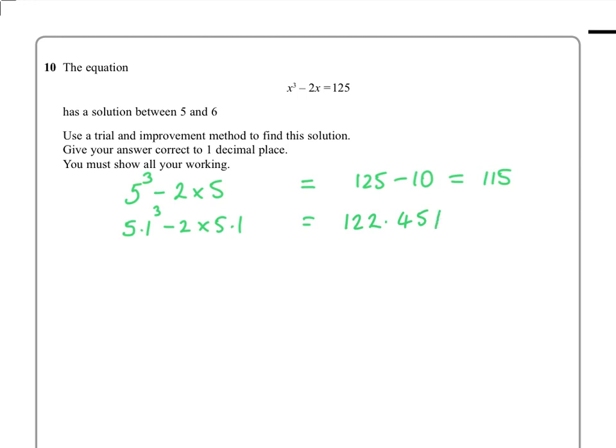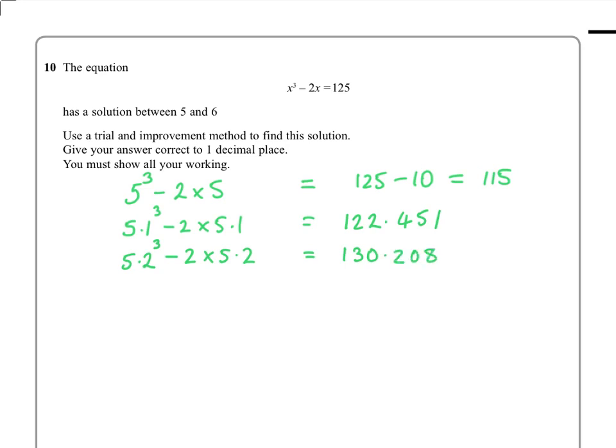We're getting closer. I'd then go 5.2 cubed. So 5.2 to the power 3 minus 2 times 5.2. There's quicker ways of doing it using the ANS key if you wanted, but I get 130.208.